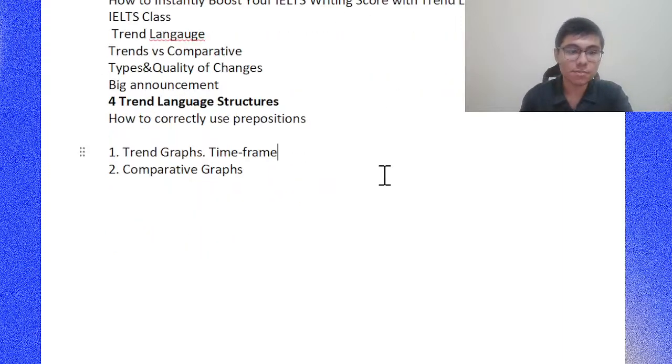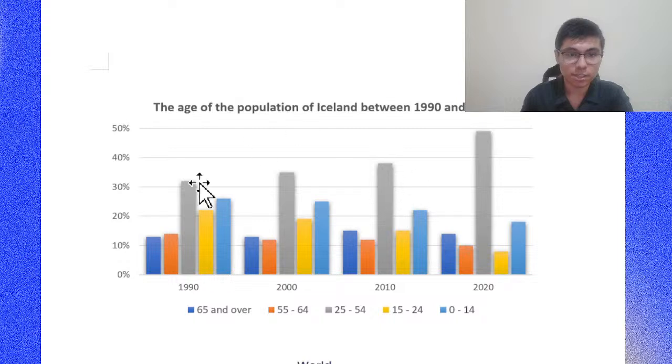An example of that could be this bar chart. As you can see, there is a time frame of 30 years between 1990 and 2020. Because we have a time period, it is considered a trend graph.